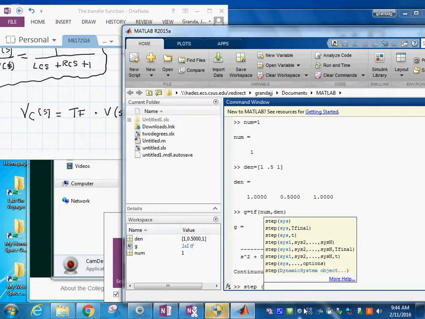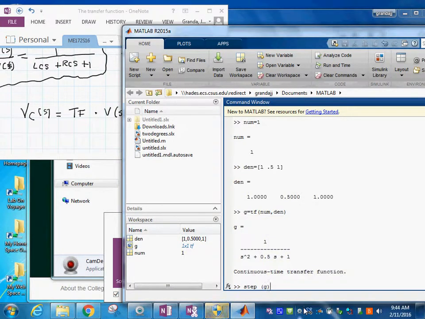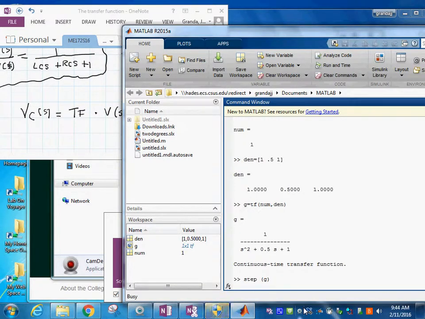And this is one of the major contributions that Laplace made, being able to analyze the output of a system by knowing the transfer function.